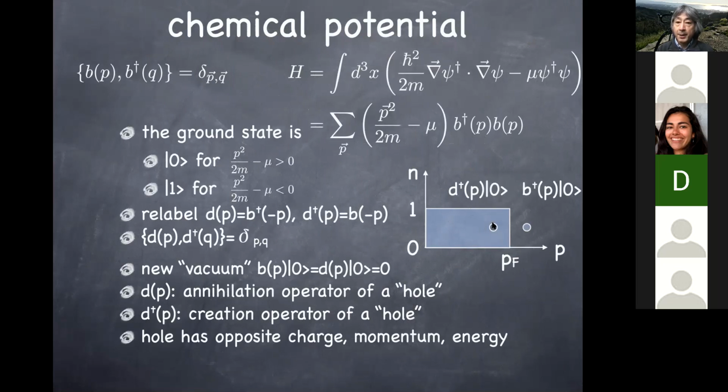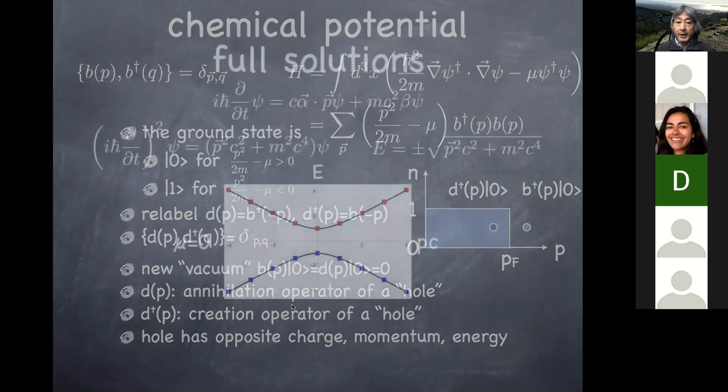So instead of talking about initial creation operator B, I can now flip B in terms of D dagger, because annihilating a particle is a creation of the hole. And B dagger by D, namely that creating a particle would be removing the hole. So if you have a hole already, if you create a particle here, that's the same thing as removing the hole. So you basically interchange the roles of creation operator and annihilation operator. And that's how we came up with a theory of the hole in non-relativistic theory.